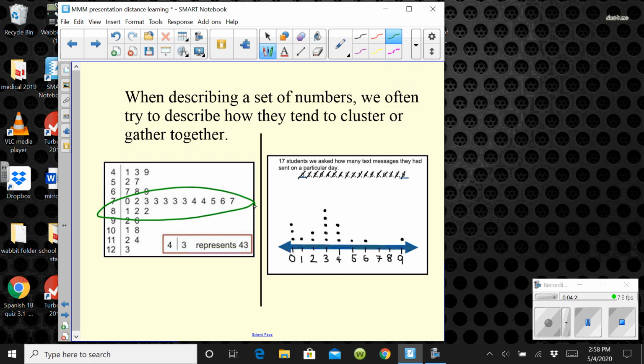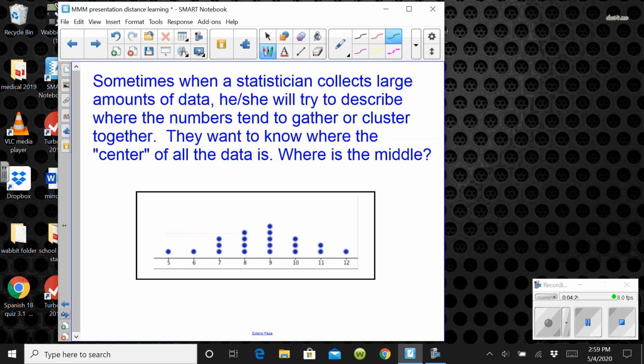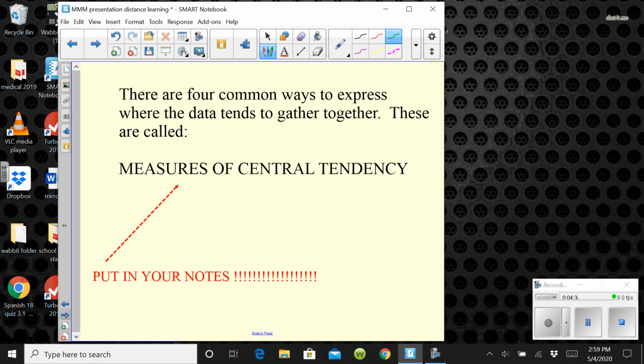Here's a dot plot on the right, and I would describe the middle of the data to be somewhere in that area. Here's another dot plot. It looks like the data is tending to gather together in the middle, around a value of 8, 9, or 10. Again, measures of central tendency are measures of center, measures of middle.